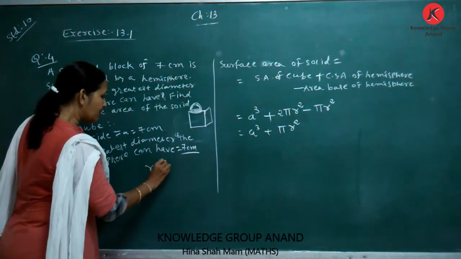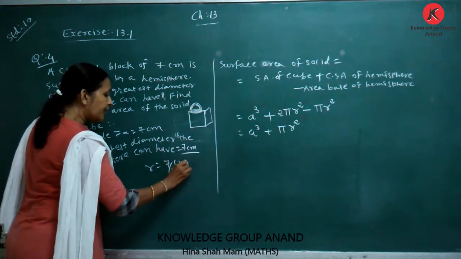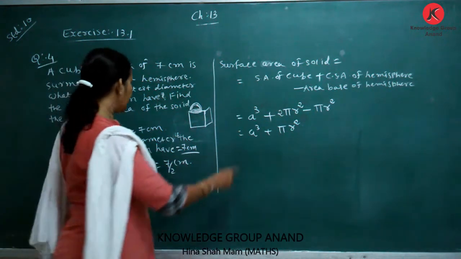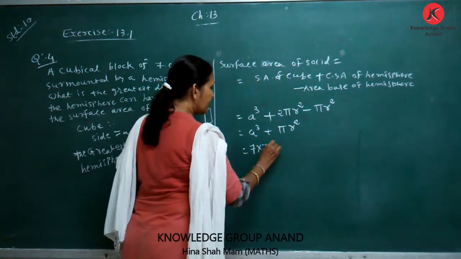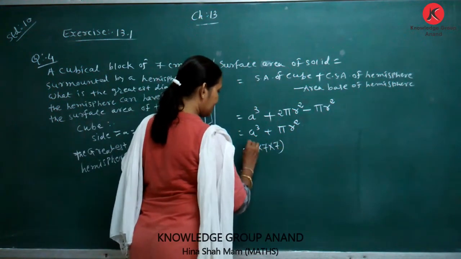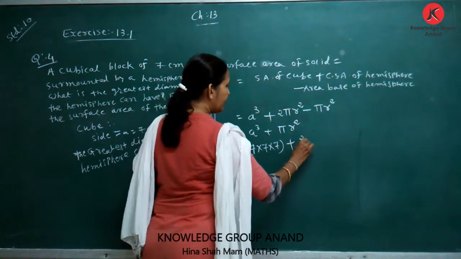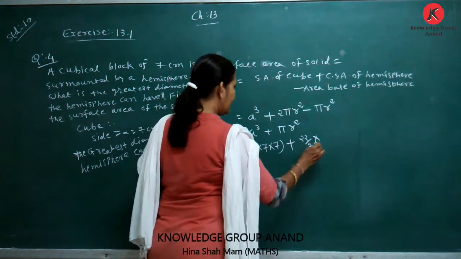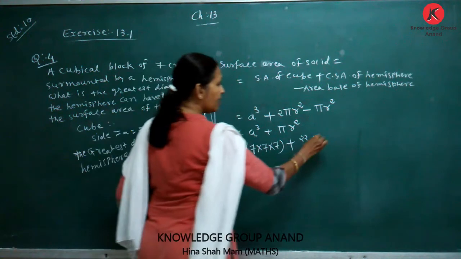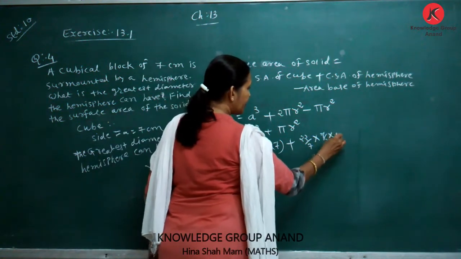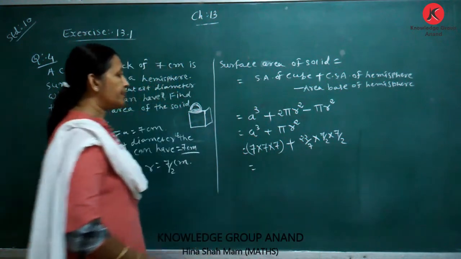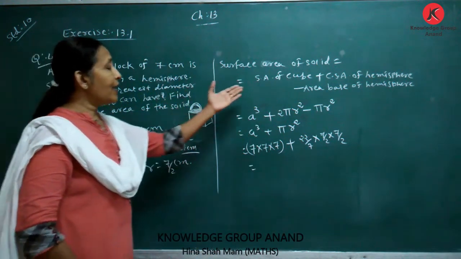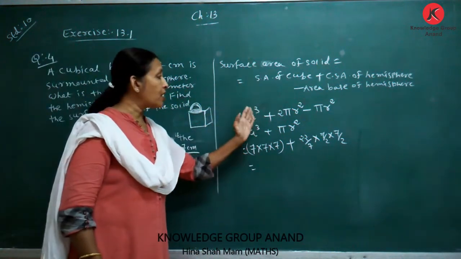R is equal to 7 by 2 centimeter. Here what is A? A is equal to 7 into 7 into 7 plus 22 by 7 into 7 by 2 into 7 by 2 equals to, no, here I wrote the formula wrong.